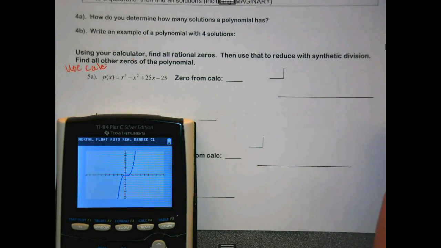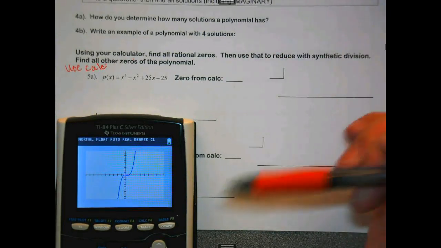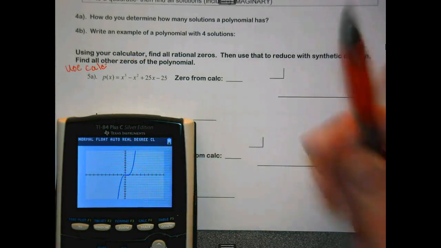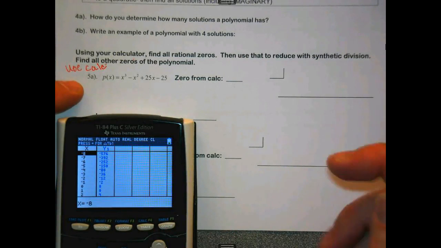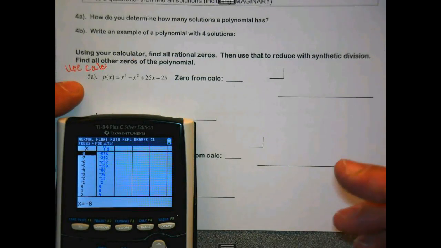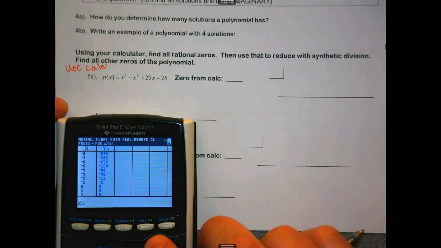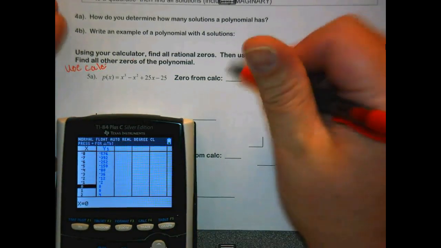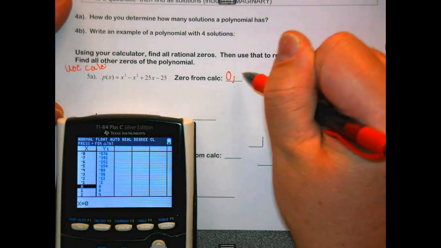Before I use second trace and all that other stuff, I'm going to try looking at my chart. Second graph. And again, I know that my zeros, the y value is 0. And actually, I do have a couple of zeros here. I have 0, 0, and I have 1, 0. So zeros from the calculator, I have a 0 and a 1.